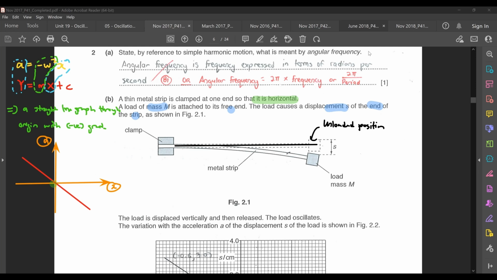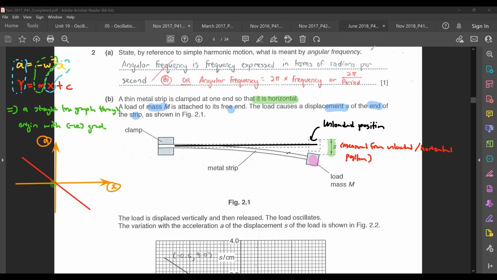And then after you attach the mass, it went down, and you measure the displacement. The displacement S here that you see is actually measured from the unloaded position. Or you can think of it as from the unloaded horizontal position. Okay, this is how you measure your S inside your question here in the first place.